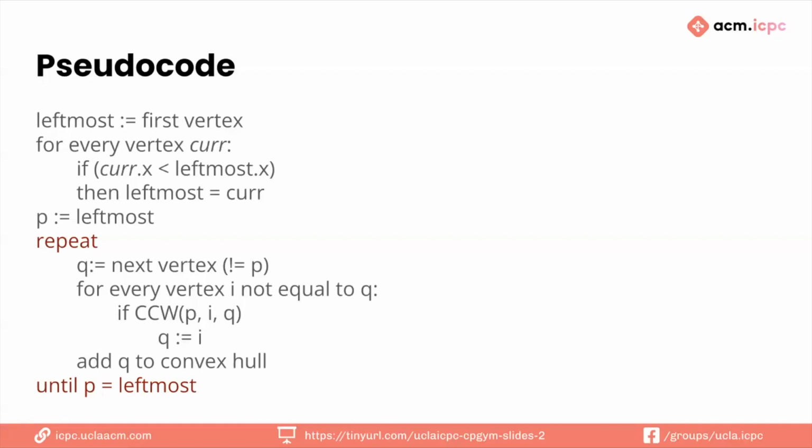Okay, any last minute questions about anything I've talked about today? Yes? I'm assuming if you have a random distribution of points, then the number of points in the convex hull would be around the square root of them? I'm just guessing, because it would be kind of the case if it's a square or a circle, you know? Right, that makes sense. Yeah, I actually don't know what the distribution would be.